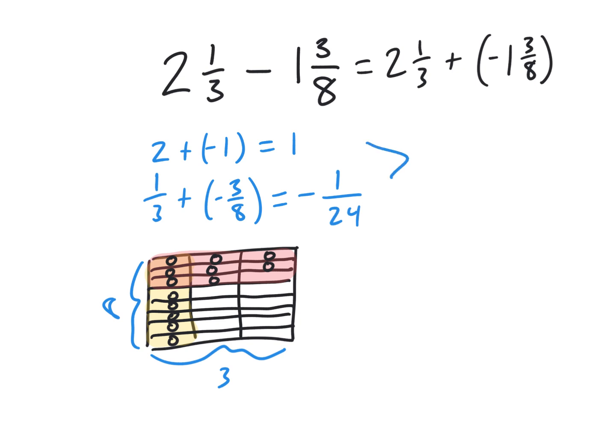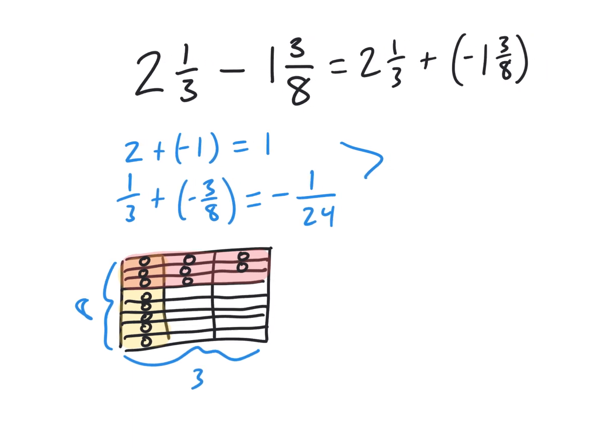Now this is a little bit harder to add our positive 1 and our negative 1/24 back together because these have different signs. And with mixed numbers, the sign in front of the mixed number needs to be the same sign for the fractional part and the whole number part. So what I have to do here is think about really subtracting.